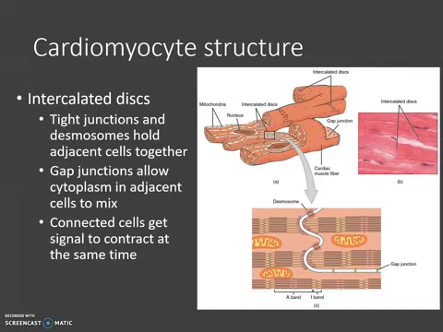That's how these cardiomyocytes work. One cardiomyocyte is not going to be very effective at pushing blood very far, but when you have a whole bunch of them attached to each other, sharing the signal to contract, it helps to more effectively move that blood throughout the body and the cardiovascular system.